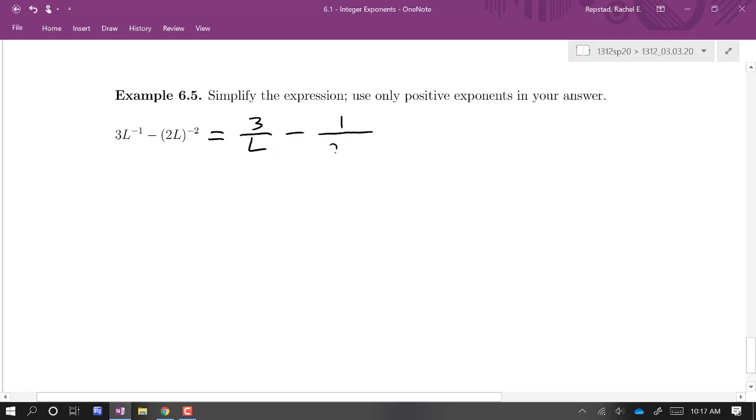Close. To the power of 2, yeah, parentheses to the +2 power. Good.